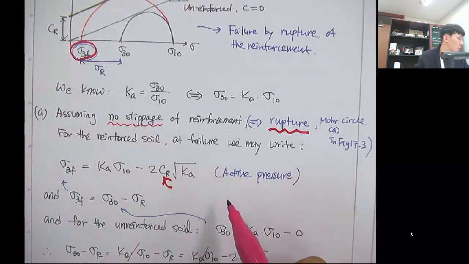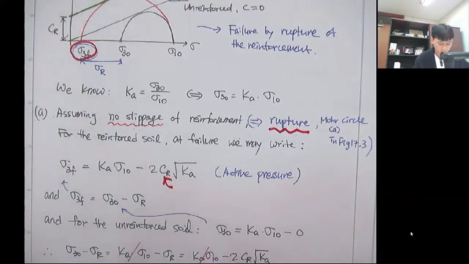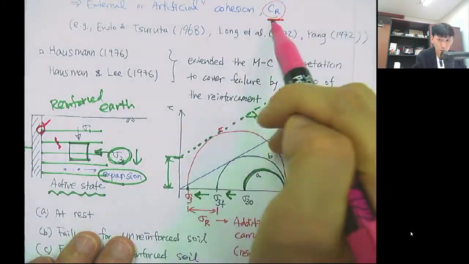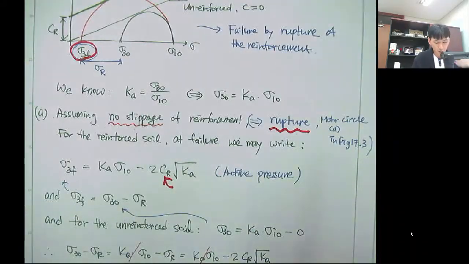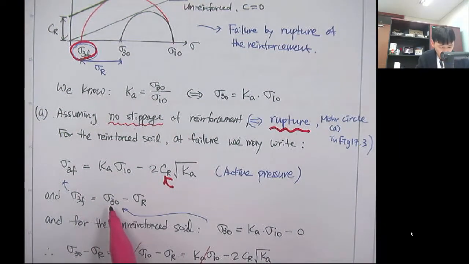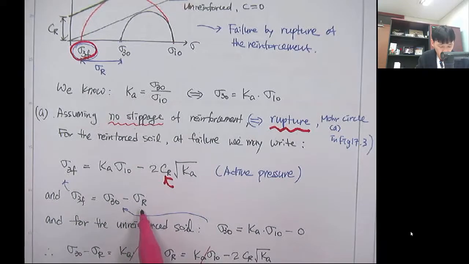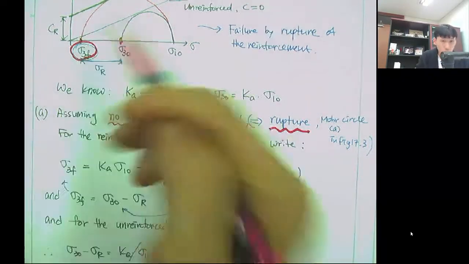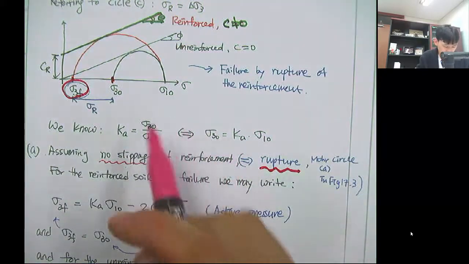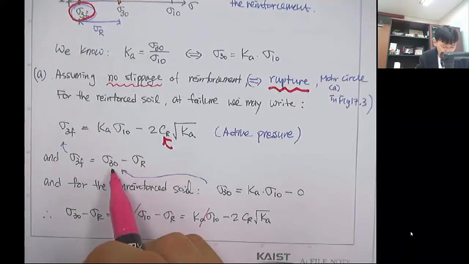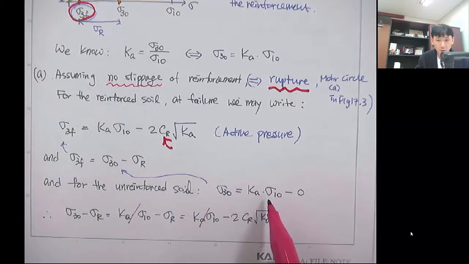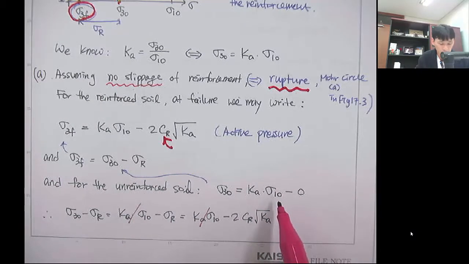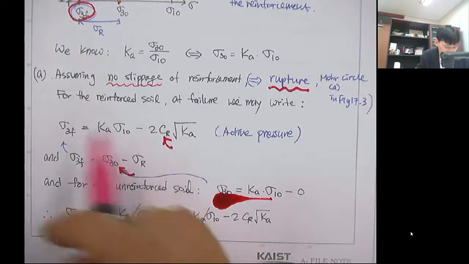Cr is the external cohesion that we just saw before, artificially added by the reinforcement in the soil. And sigma 3f is sigma 3 naught minus sigma r from this graph, and sigma 3 naught is Ka times sigma 1.